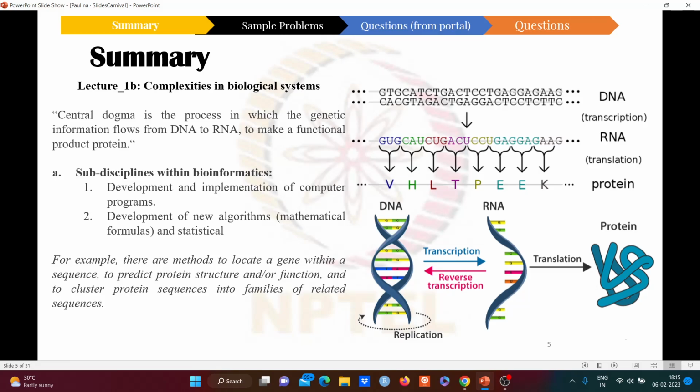The primary goal of bioinformatics is to increase the understanding of biological processes. What sets it apart from other approaches is its focus on developing and applying computationally intensive techniques to achieve this goal.